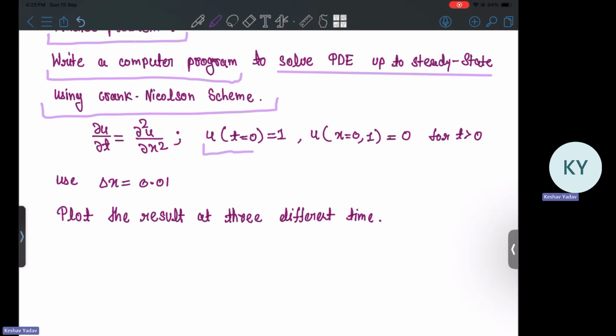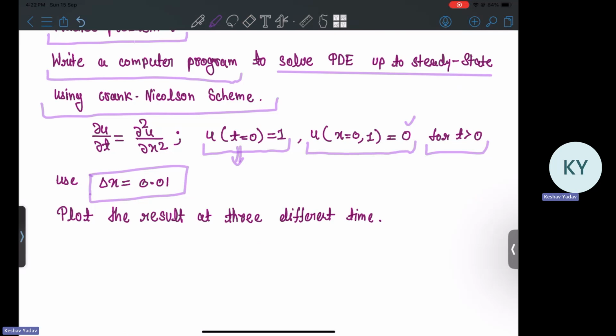The initial condition is u at t equal to 0 is 1. The boundary condition is u at x equal to 0 and x equal to 1 is 0 for time t greater than 0. Okay. We need to take delta x as 0.01. Delta t we can take as convenient to us, since this is unconditionally stable. So we can take a large delta t also, but that will lead to some truncation error.